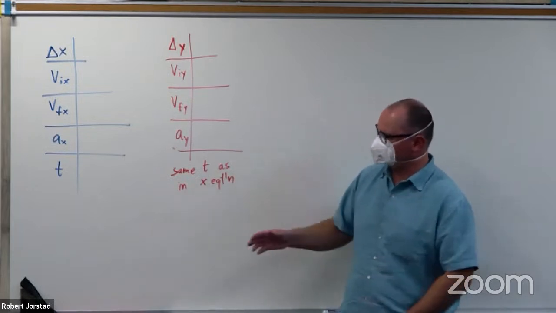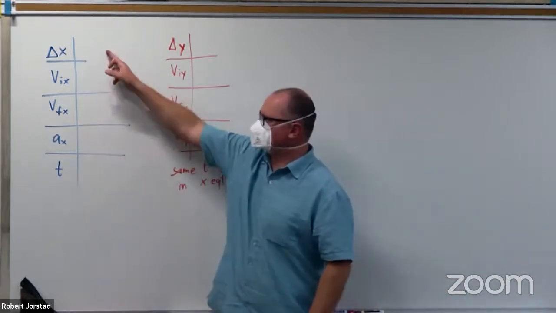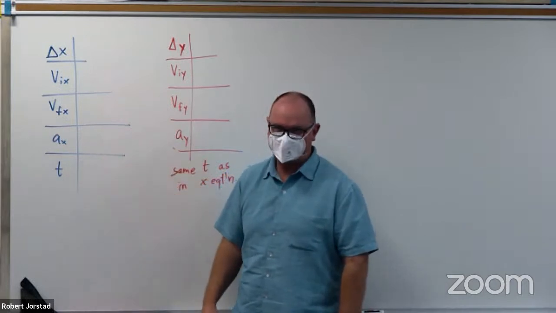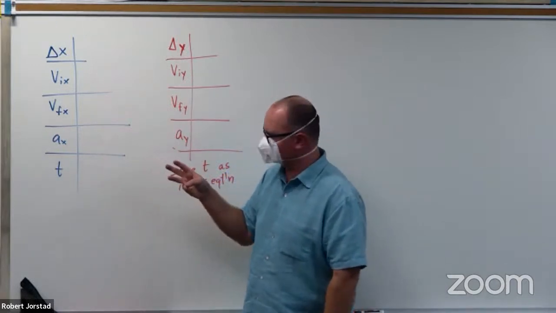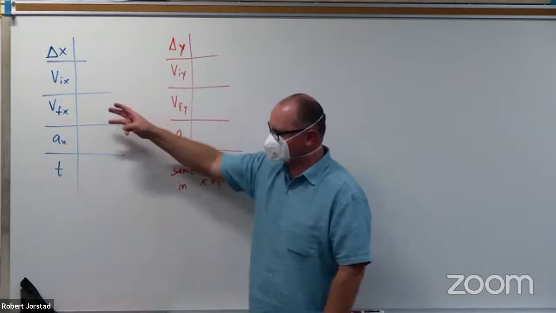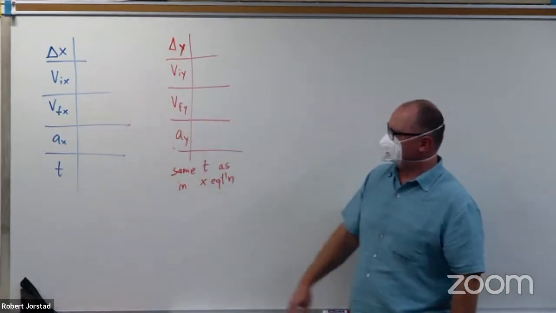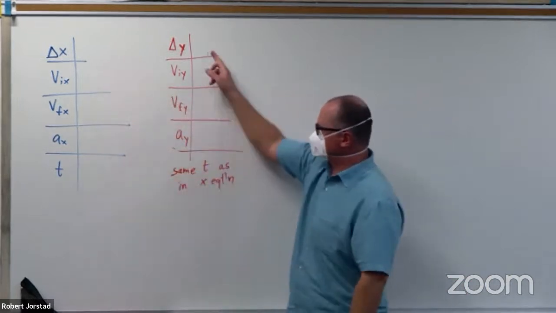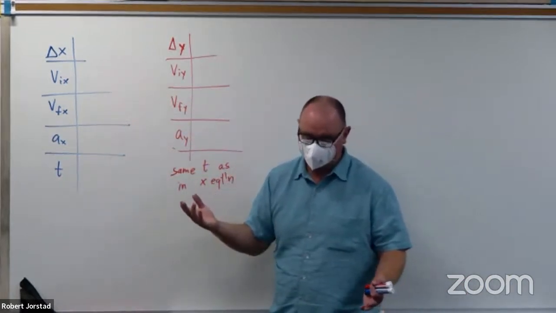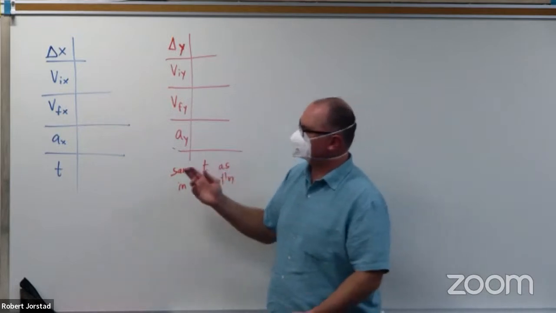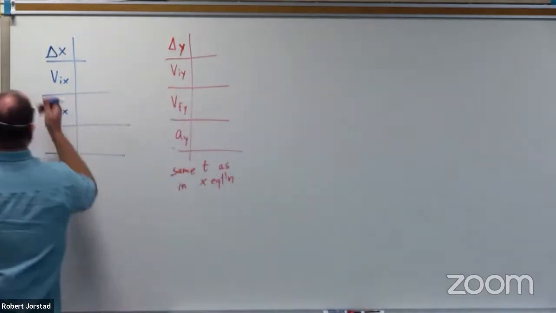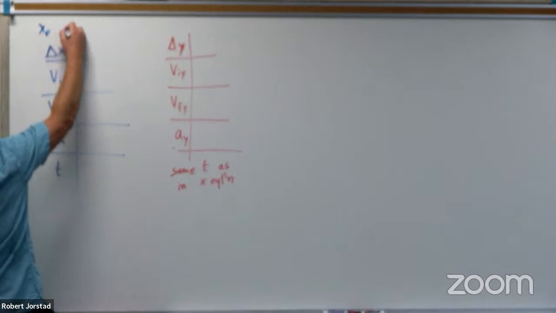So previously, when we were doing a 1D motion problem, we'd have 1, 2, 3, 4, 5 variables. There were 3 things that were known and 2 things that were unknown, or something like that. Well, now we've got 1, 2, 3, 4, 5, 6, 7, 8, 9 parameters. Okay, 11 if you did x final and x initial, right?